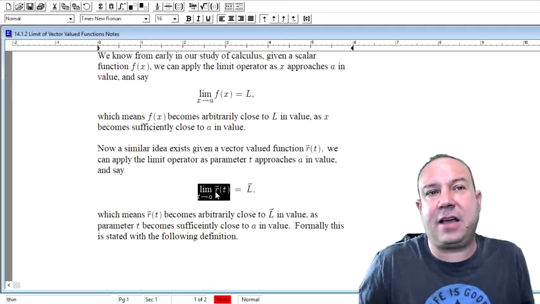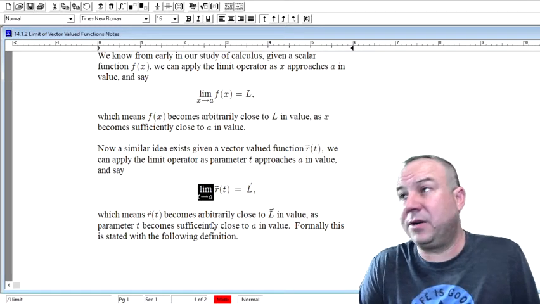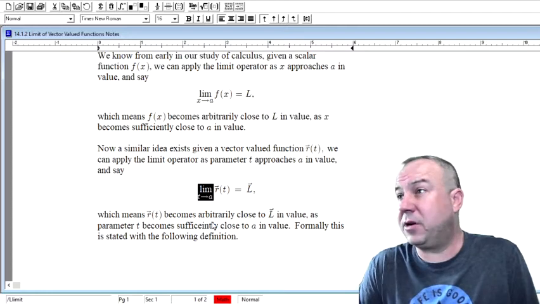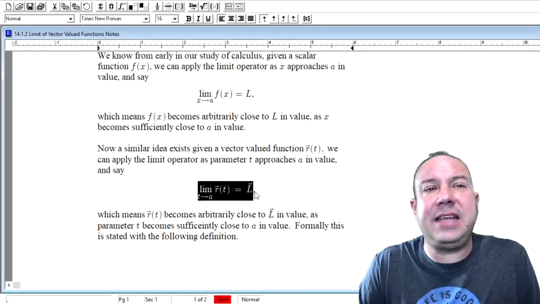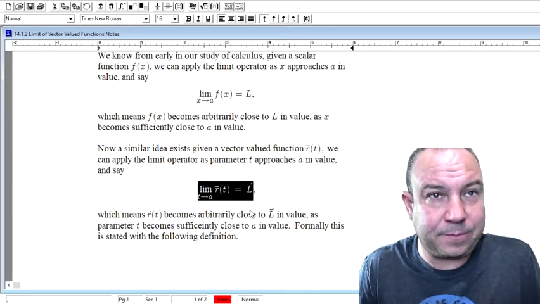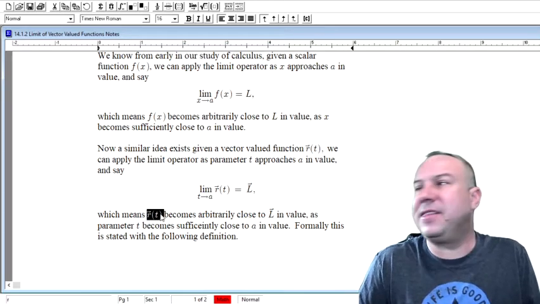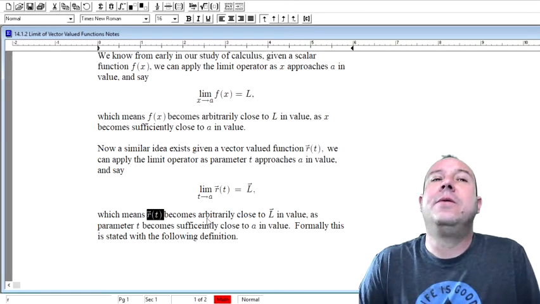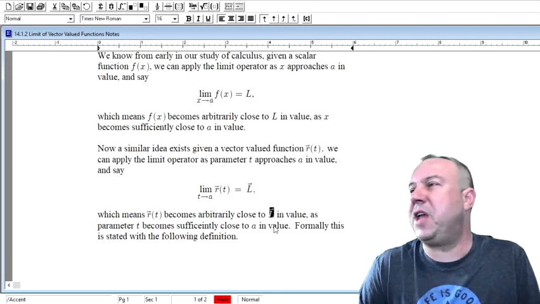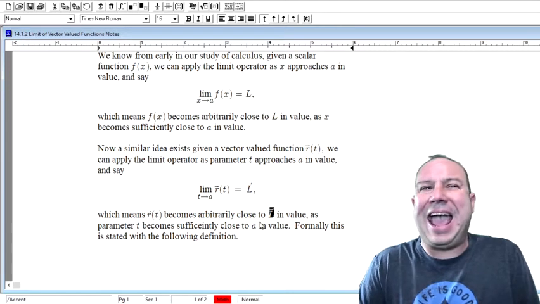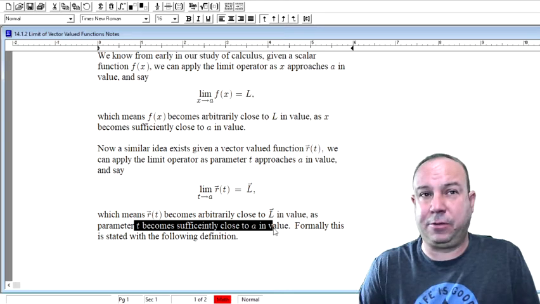Here we have our vector valued function r bar of t, where the parameter t is allowed to approach the value of a. We can say that all that equals L if our vector valued function at the value of t becomes arbitrarily close to that vector L in value, as parameter t becomes sufficiently close to a in value.